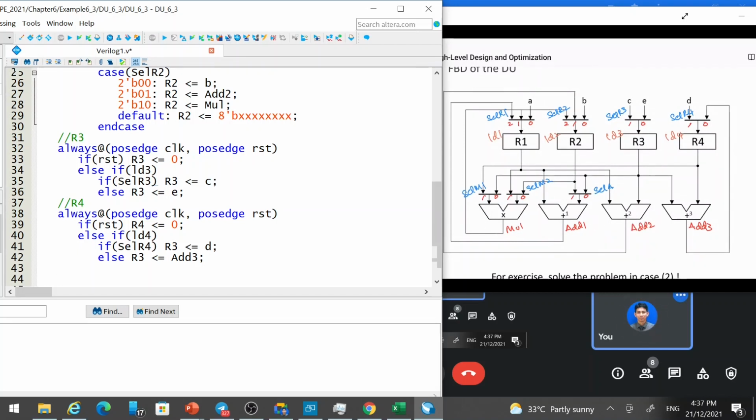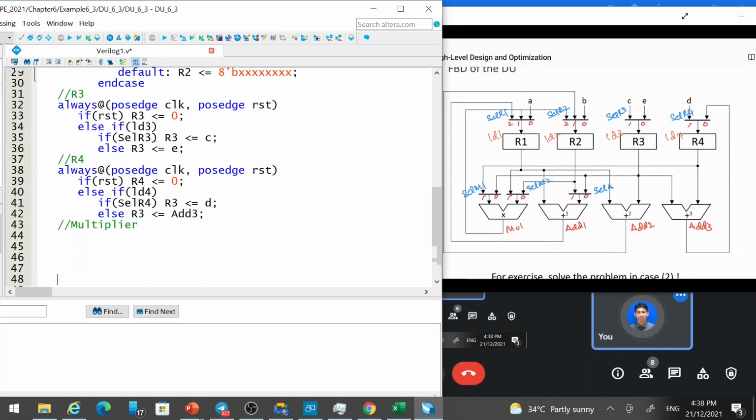For the multiplier, yeah, we have the multiplexer here, so we can use the always block or behavioral modeling to model that. Always at. So look at the input. How many inputs can we have here? We can have R4, R3, R1, and R2.